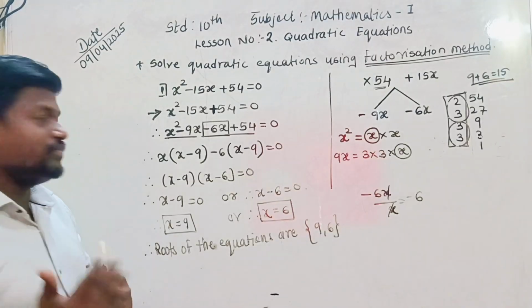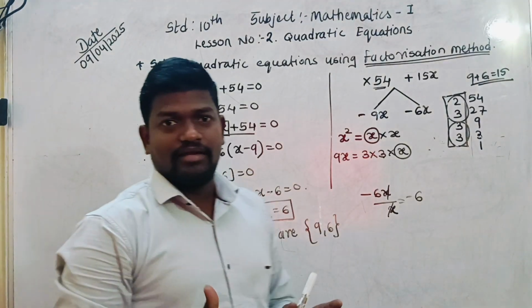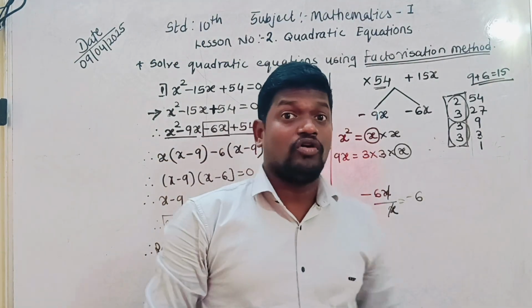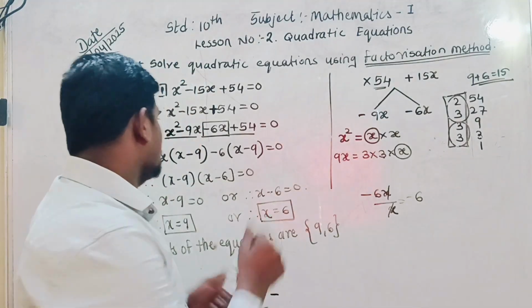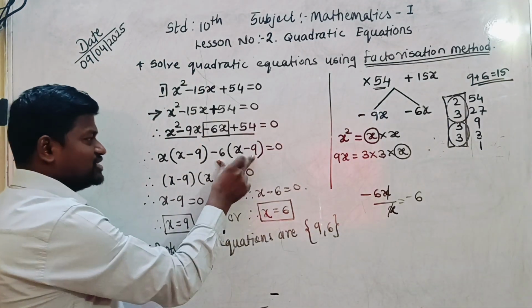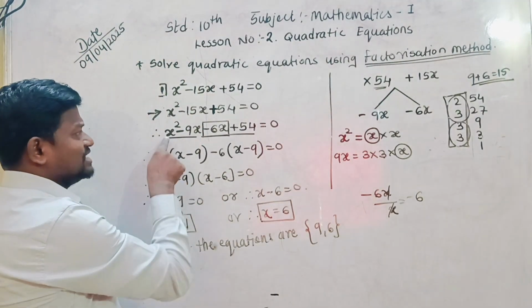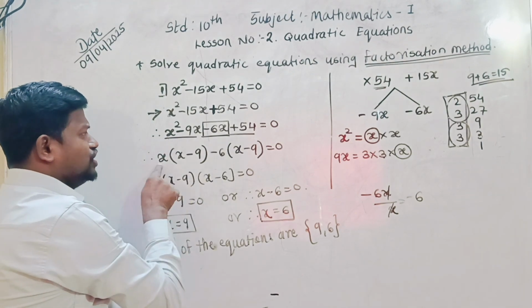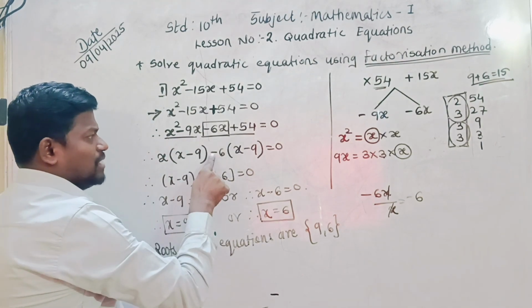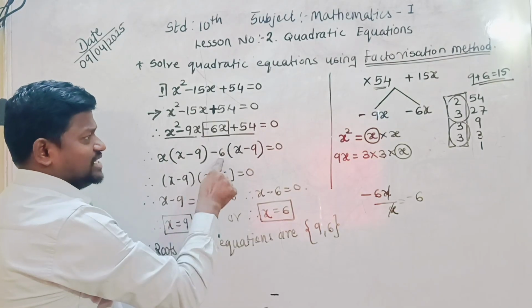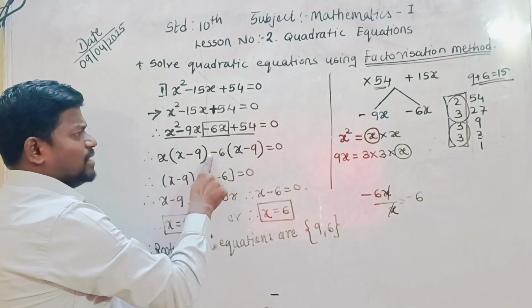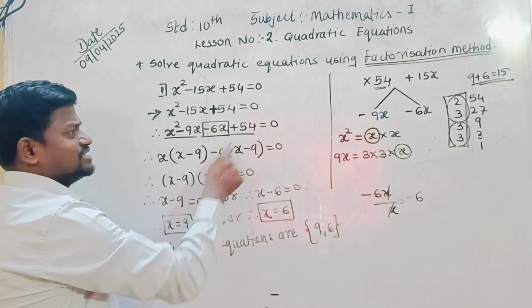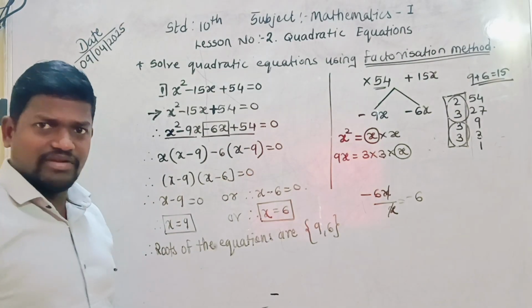How do we check whether it is right or wrong? After doing this, cross check: x into x, x square; minus 9 into x, 9x; minus 6 into x, 6x; minus 9 6s are 54. Then this is our correct answer.